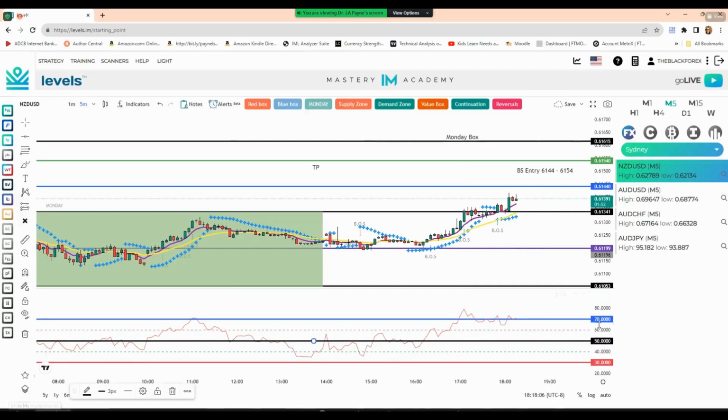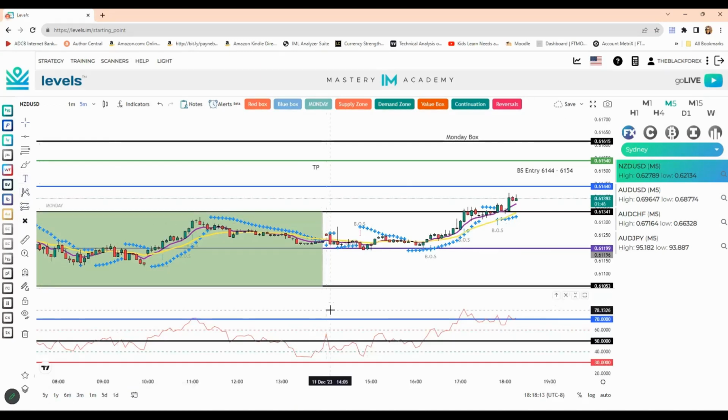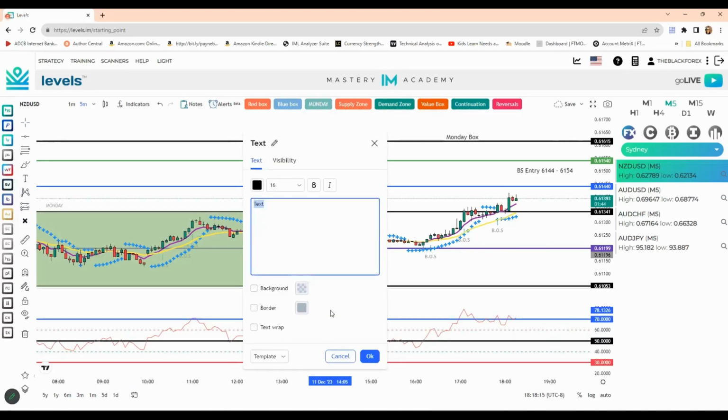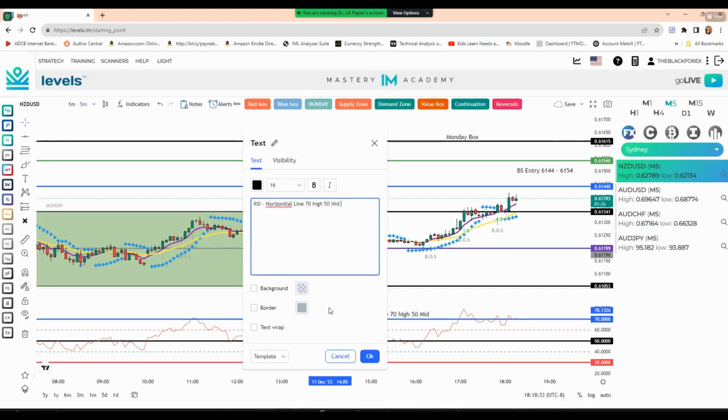RSI is always going to be 70/30. That's a good question. So I'm going to put that on here too. And again, you can put it on your chart. 70 is your high, so you're going to do a horizontal line. 70 is your high, 50 mid, 30 low.